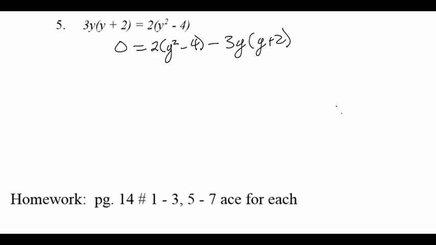Now, the trick to this problem is recognizing that we have a difference of squares in one of the collection of terms. This first bracket, I'm actually going to do that right now by showing you what we're going to do. We're going to break this up into y plus 2 and y minus 2, because y squared minus 4 is a difference of squares.